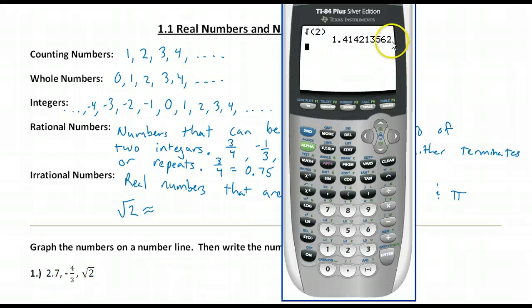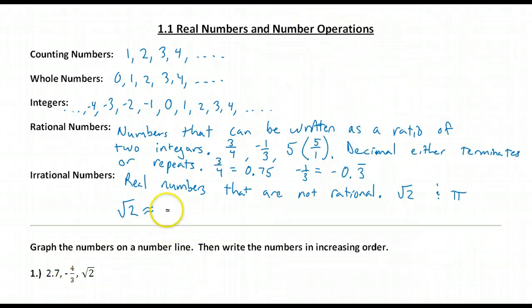Our calculator actually cuts off the number. This decimal keeps going on for infinity with no repeats, and it never ends. So we can approximate irrational numbers as about 1.414. But this is not exactly the square root of 2. The square root of 2 is the square root of 2 big.